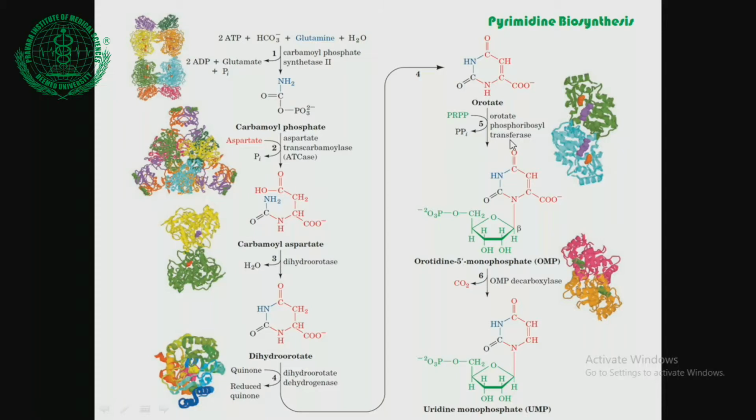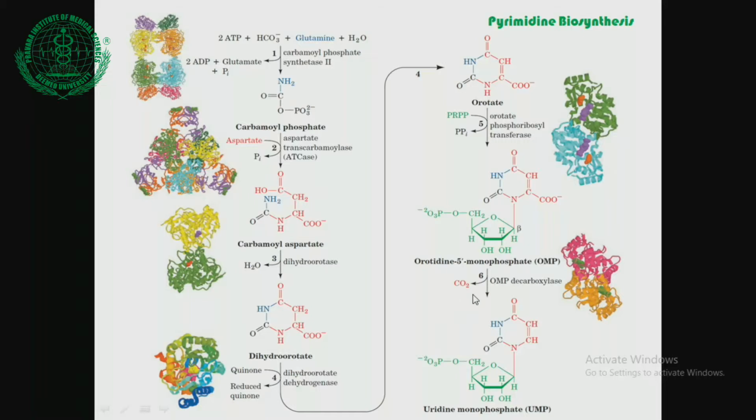The step is mediated by orotate phosphoribosyl transferase, where phosphoribosyl pyrophosphate donates the ribose phosphate sugar on which the orotate ring is coupled, and this forms a non-canonical pyrimidine nucleotide called orotidine monophosphate.